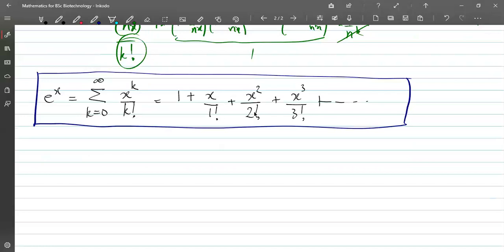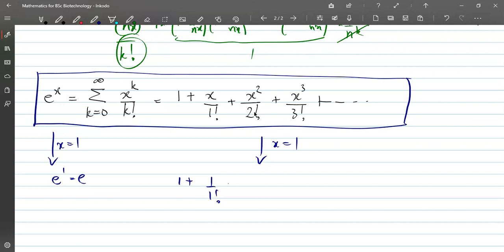So in this, if you set x equal to 1, what will you get? You will get e power 1, right? If you put x equal to 1 here, you get e to the power of 1, which is e. And over here, what will you get when you set x equal to 1? You should get the same thing. But what do you get? 1 plus x becomes 1 by 1 factorial.